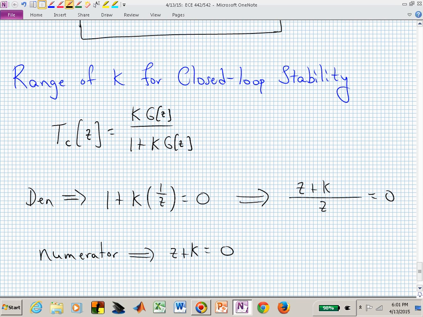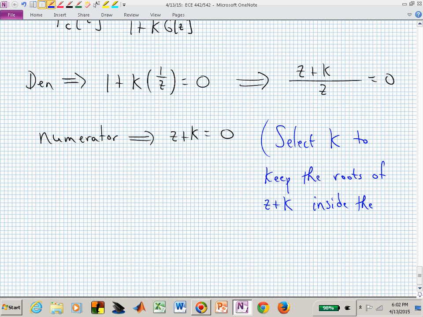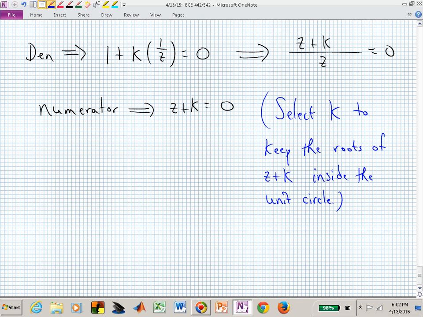And now we want z plus k to equal 0. The strategy then is to select k in order to keep the roots of that polynomial, which is first order and just z plus k, inside the unit circle. That's one way of thinking of it.